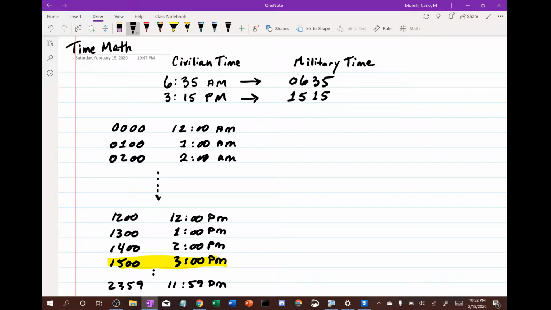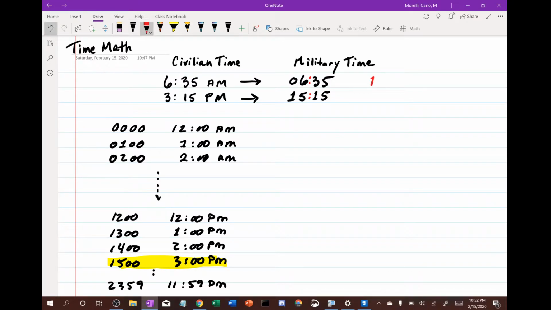Now here's the important thing. The hours and the minutes are separated just like they are with clock time. So what you want to do is subtract 0635 from 15:15. And that would get you your time.